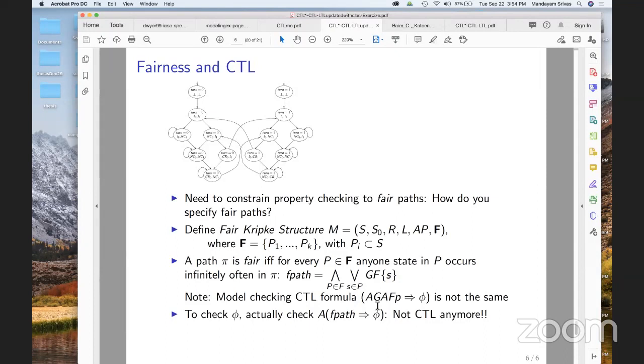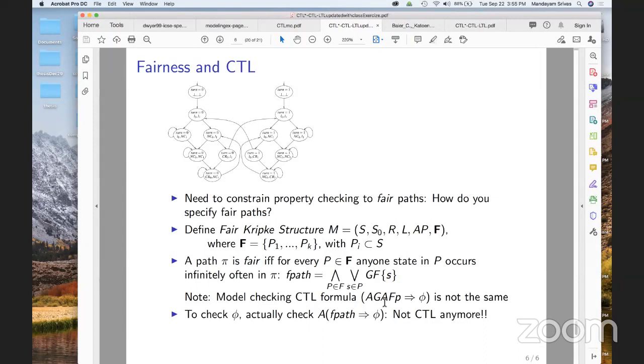So when you do that, unless you specially handle this restriction on the paths originating from the states on which you want to check the rest of the CTL formula, you won't be able to do it. So that's all I'm saying. You can't willy-nilly just do it. Okay, so this will be clear.